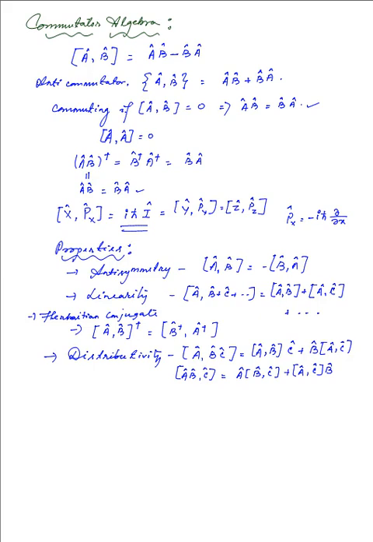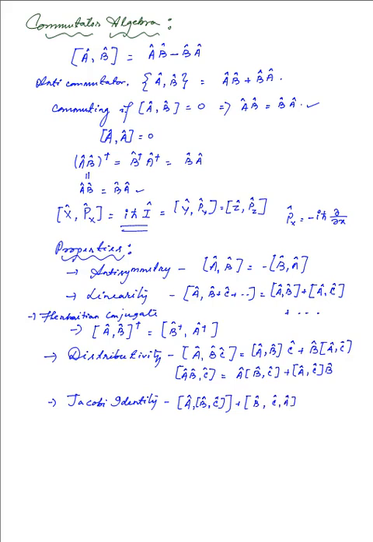We can also have the Jacobi identity. The Jacobi identity suggests that we have the commutator of A with the commutator of BC, plus the commutator of B with the commutator of CA.